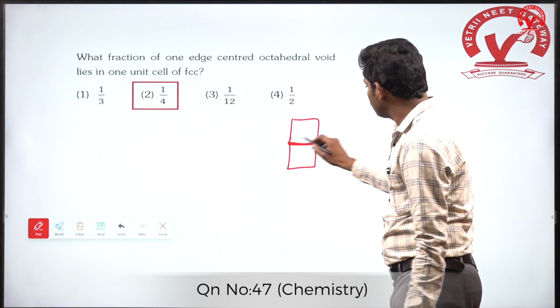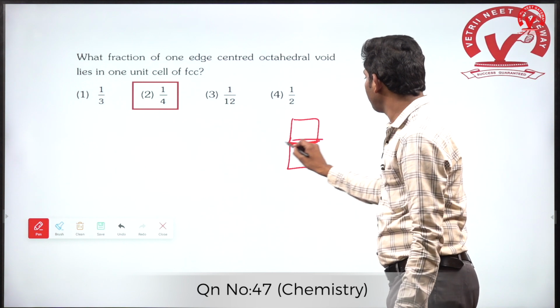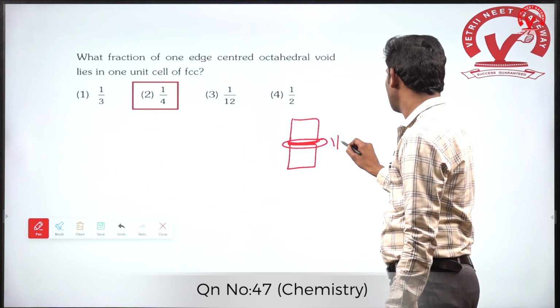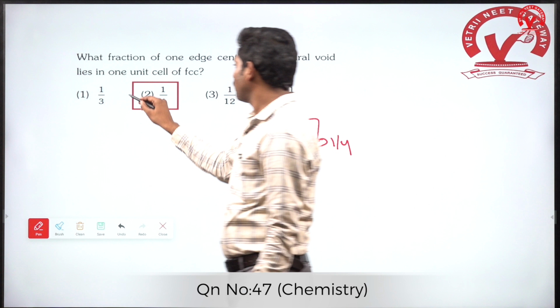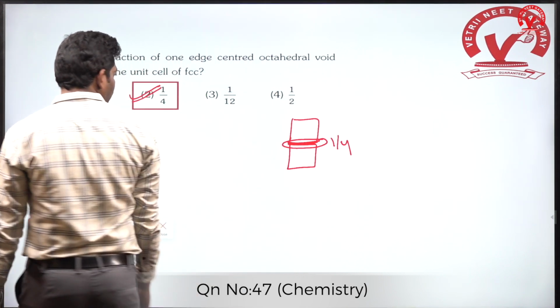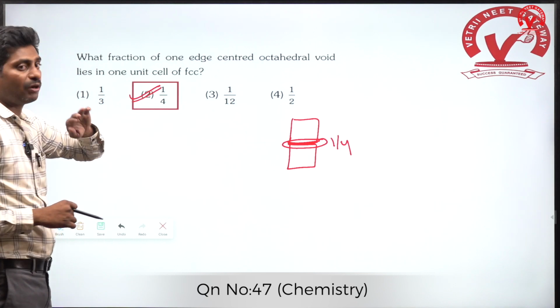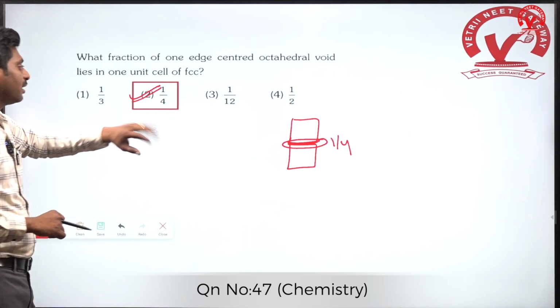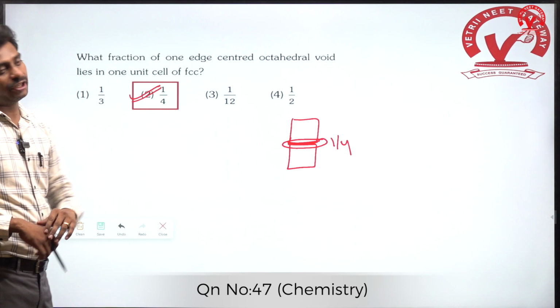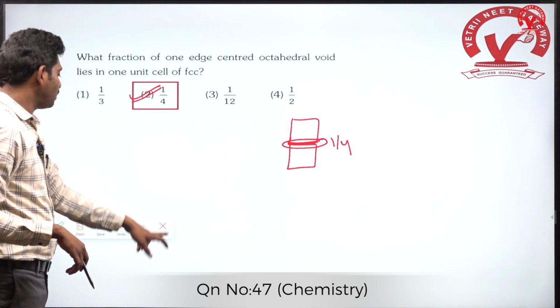So this edge is shared by 4 unit cells, so the contribution is 1 by 4. The edge center contributes only 1 by 4 part to the unit cell. The remaining 3 by 4 belongs to the other 3 unit cells. So 1 by 4 is the correct option.